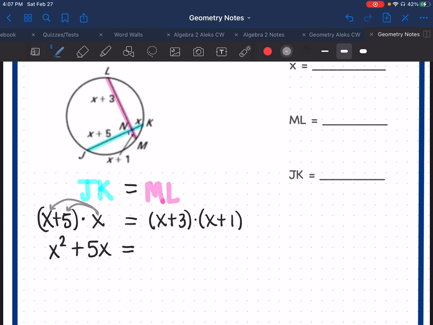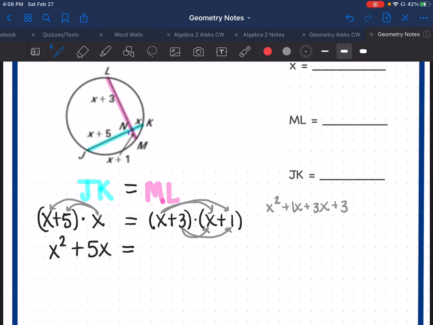For the ML side, in pink, I have to double distribute. So X times X, X times 1, 3 times X, and 3 times 1.